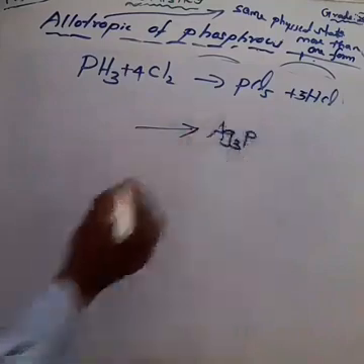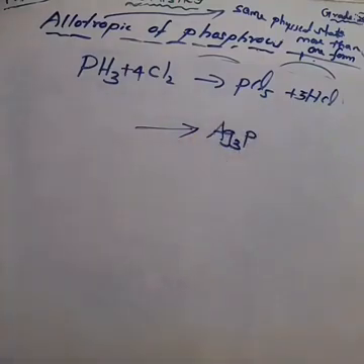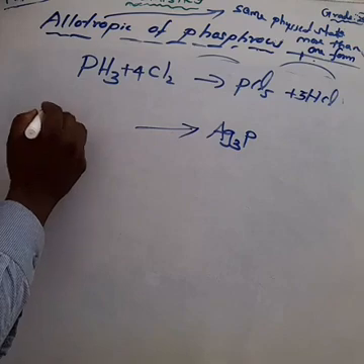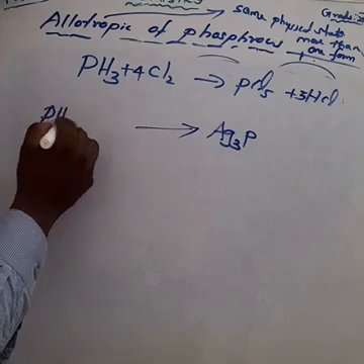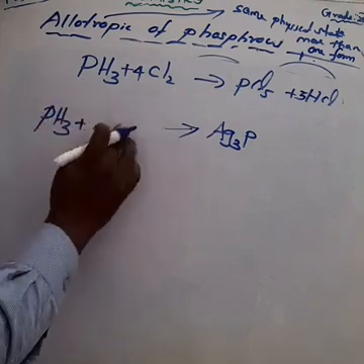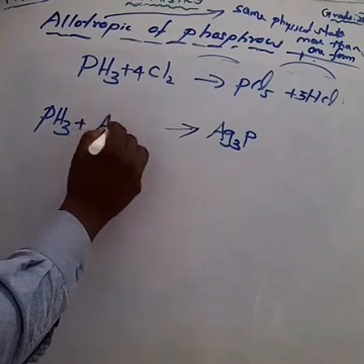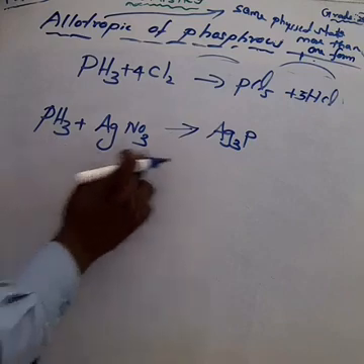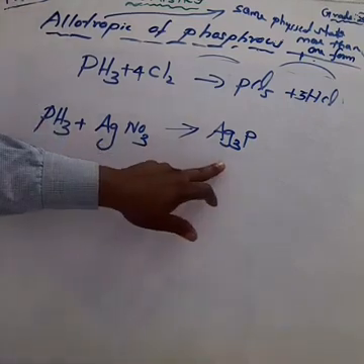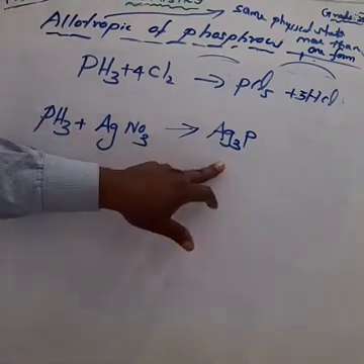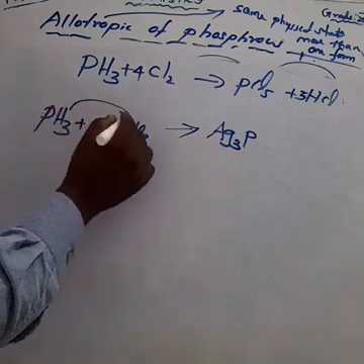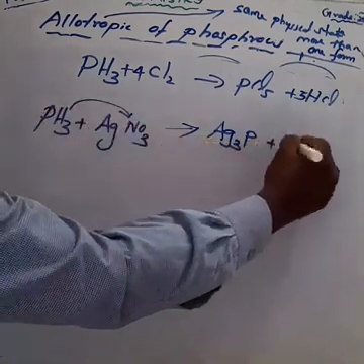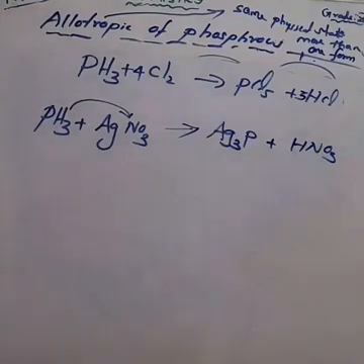Okay, how to write the equation? Phosphine, that is PH3, reacts with the silver salt AgNO3, and Ag combines with phosphorus to give Ag3P, silver phosphide, and also hydrogen combines with NO3 to form HNO3, nitric acid.